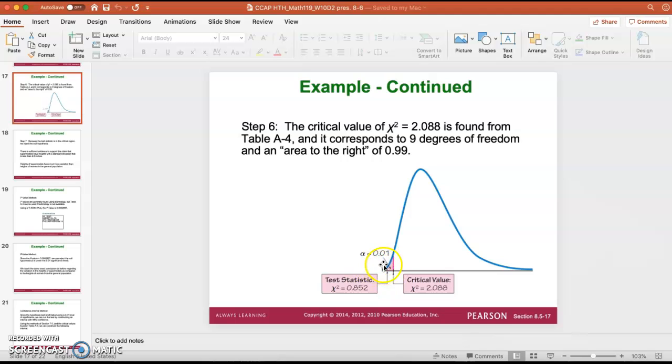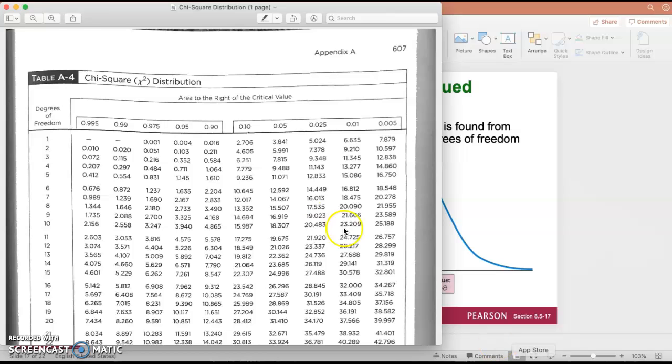Since we have that 0.01, we already know the left critical value is 2.088. To find the right critical value, I need to know that on the right tail there's also an area of 0.01. So I look in this column, 0.01, since that's the area to the right, and come down to the row with 9 degrees of freedom. My right critical value should be 21.666.